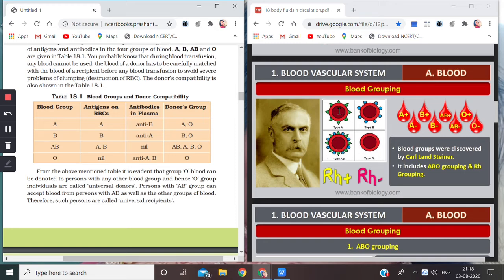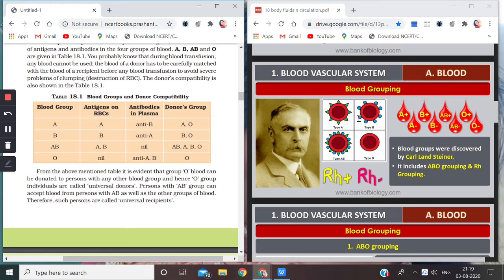Now children, you can see that in type A they have shown you triangular shapes on the RBCs, just to tell you that there is a certain type of sugar present on the membrane of this RBC.